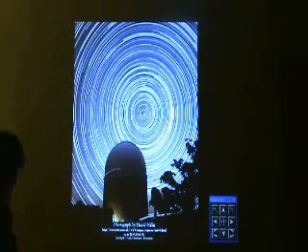And if you try and take a picture pointed at one of the celestial poles from a darkened area, you get these circular star trails about the pole. This shows that either the universe is rotating around the world, or that the world is rotating on an axis. And as I say, what we're taught is the world rotates on an axis.